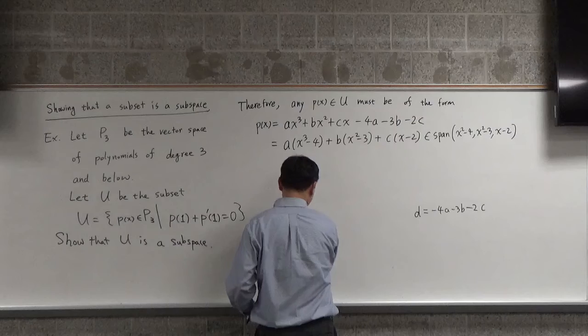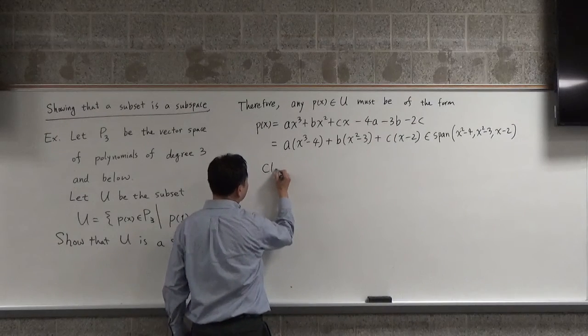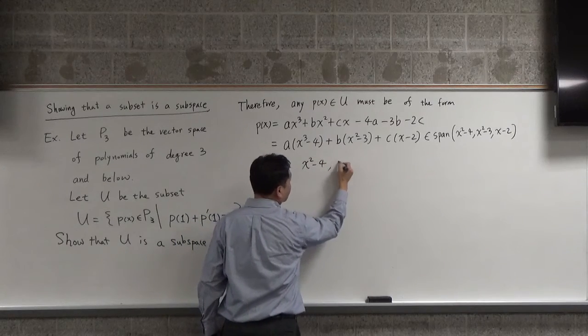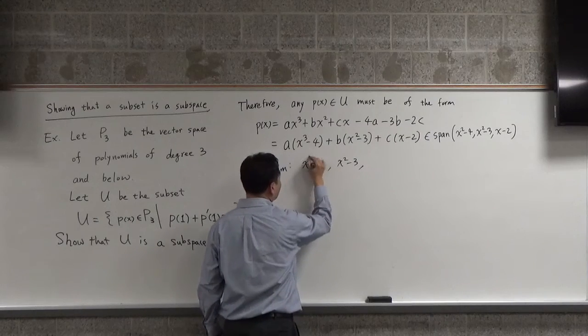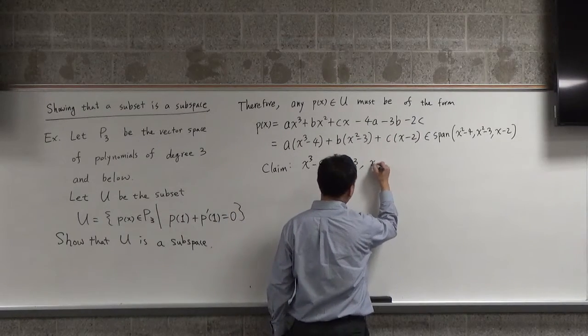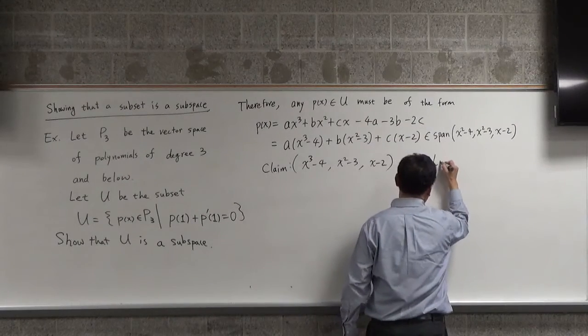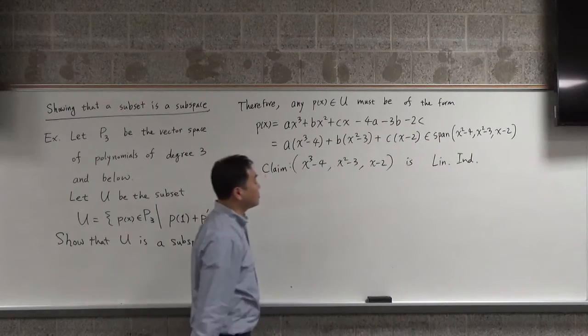So now what we want to do is show the claim: x cubed minus 4, x squared minus 3, x minus 2 is linearly independent. Okay?